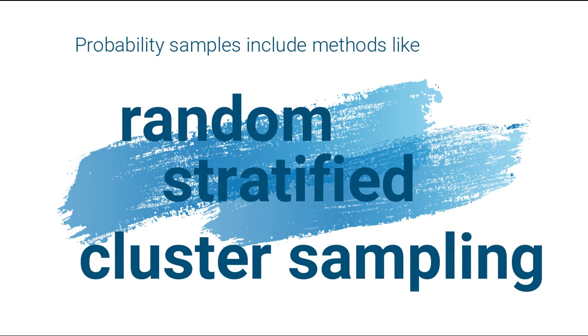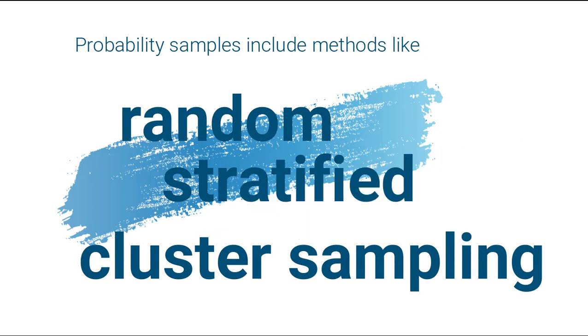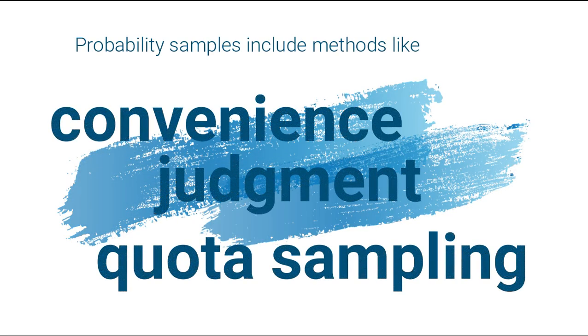Probability sampling includes methods like random, stratified, and cluster sampling, while non-probability sampling includes convenience, judgment, and quota sampling.